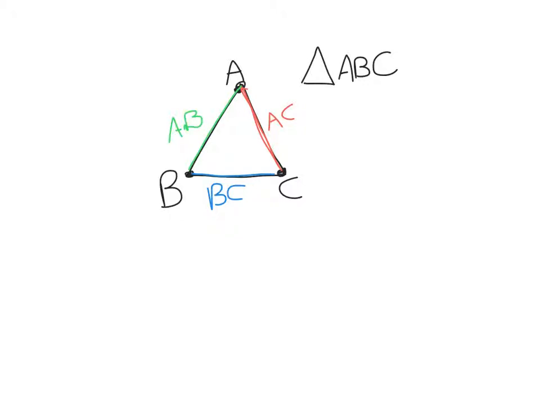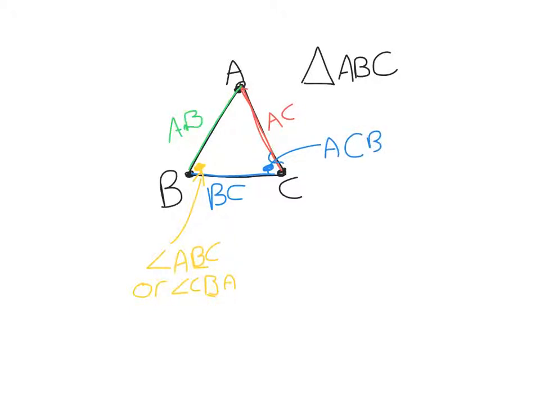So let's go through the angles. So this angle here, this is an angle because it's where 2 line segments meet. That angle there is at B. So it would be angle ABC or angle CBA. Because it's at vertex B, B needs to go in the middle, whichever way you write it. So this angle here, that occurs at C. So I put C in the middle and the other 2 letters on the side.